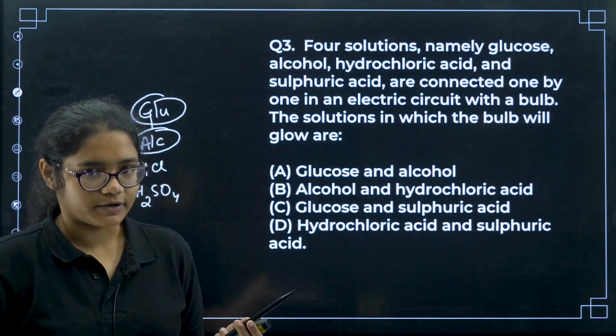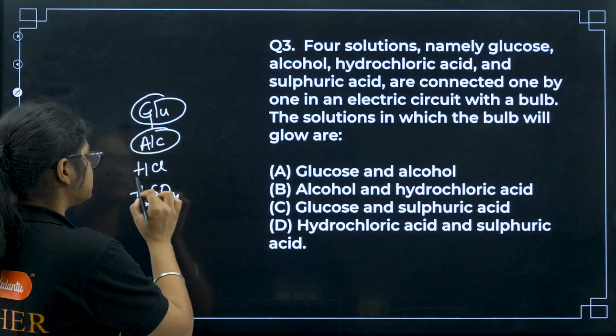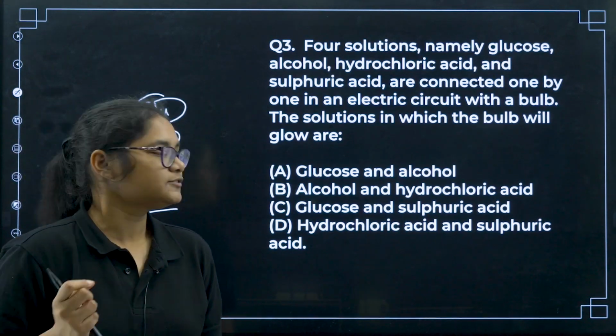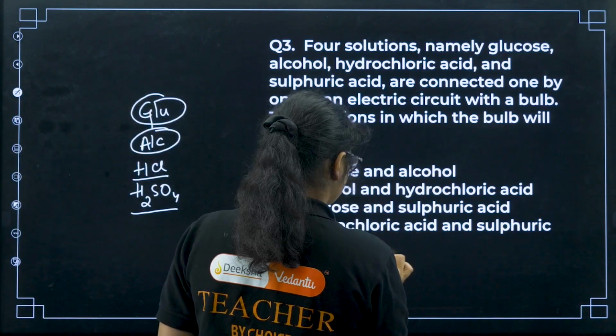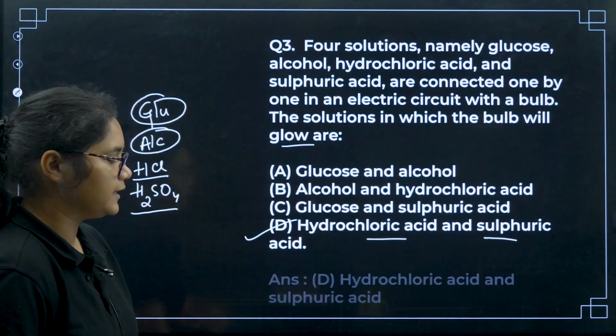If ions are not produced, then there will be no conduction of electricity, whereas HCl and H2SO4 will dissociate to produce ions. So the bulb will glow where H2SO4 and HCl are present, that is option number D.